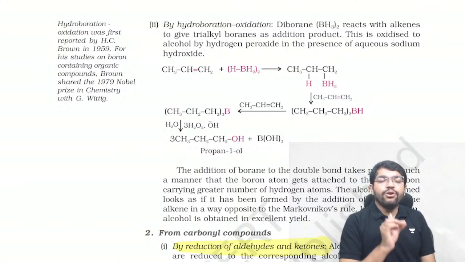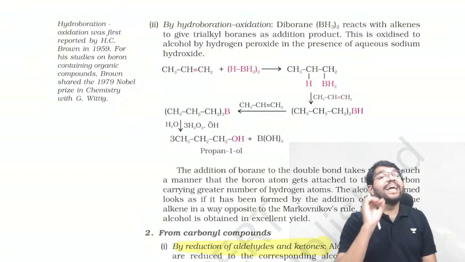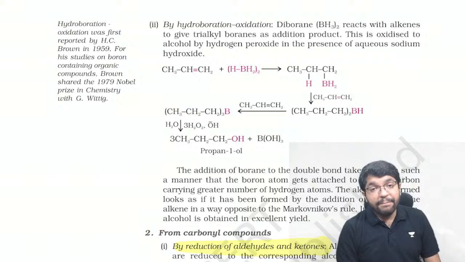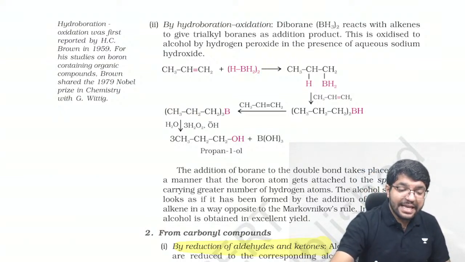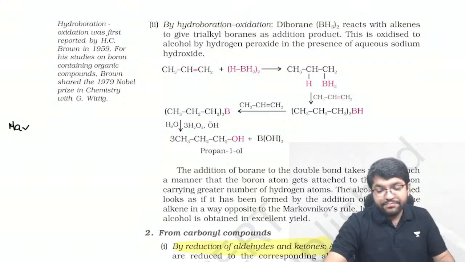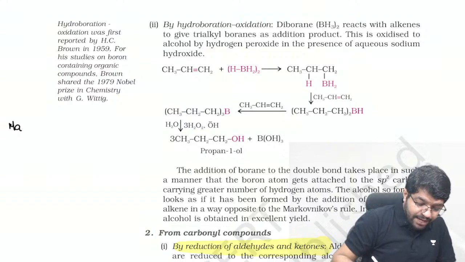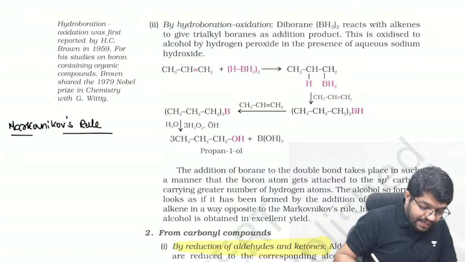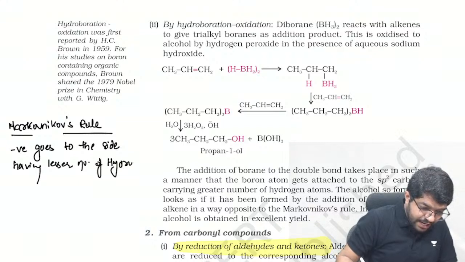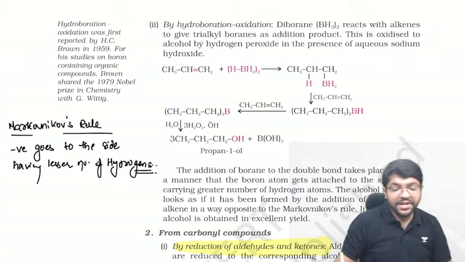Because Markovnikov's rule says the negative part of the addendum goes to the side having lesser number of hydrogens, right?